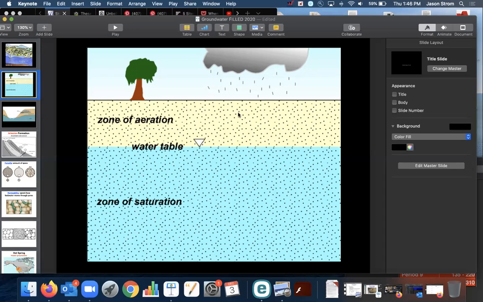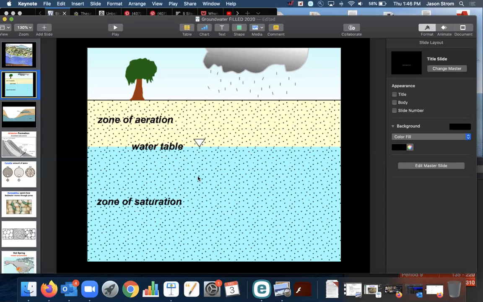So any sort of sediment or rock in the zone of aeration, in the spaces between sediment and the spaces within rock and all that, it's filled with air. There's nothing there. Whereas below the water table in the zone of saturation, any spaces between sediment or in rocks is filled with water. That area is saturated.